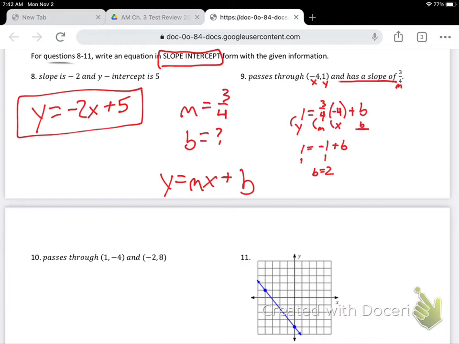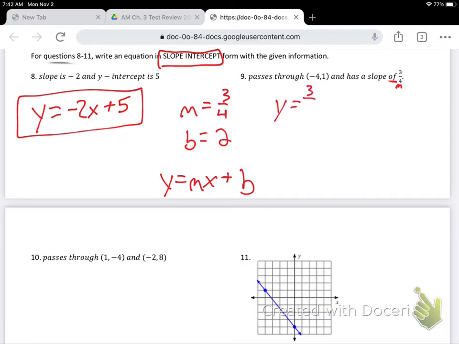Okay, so then what I can do, since I found out what b equals, 2, I'm going to take that and just plug it in. So y is equal to 3/4 x plus 2.